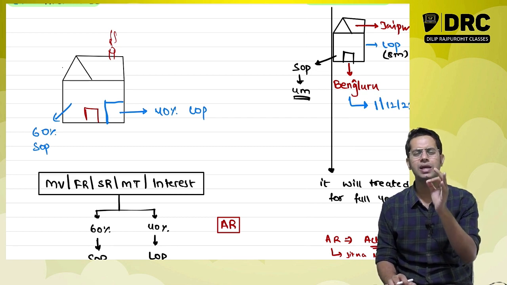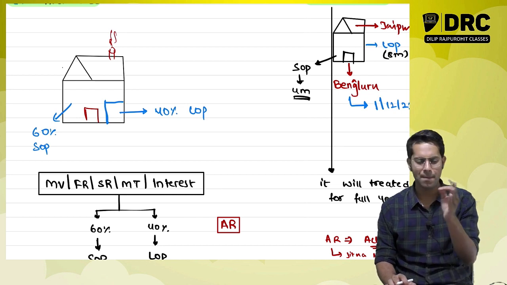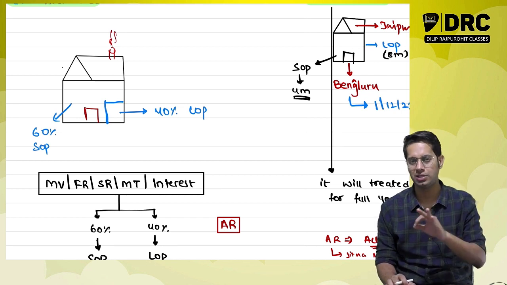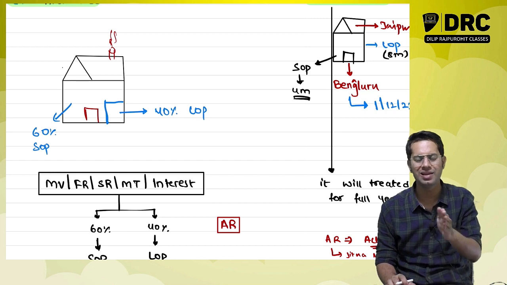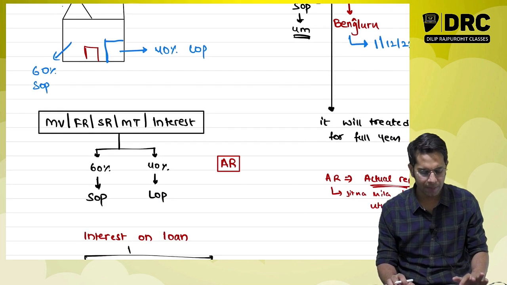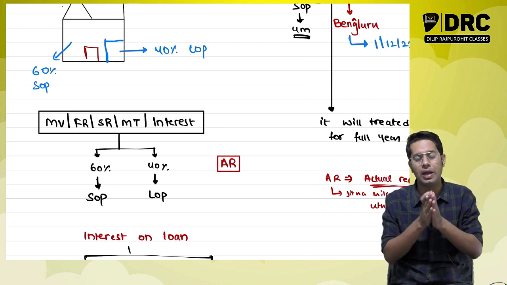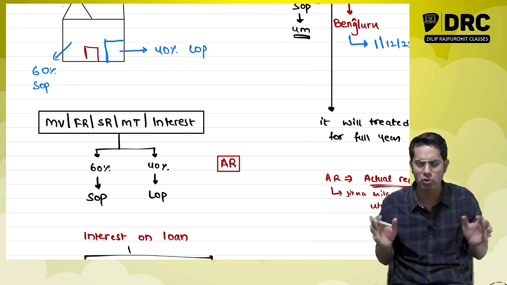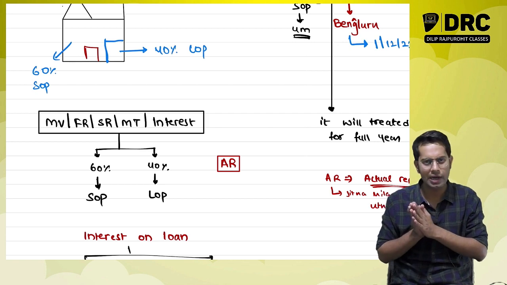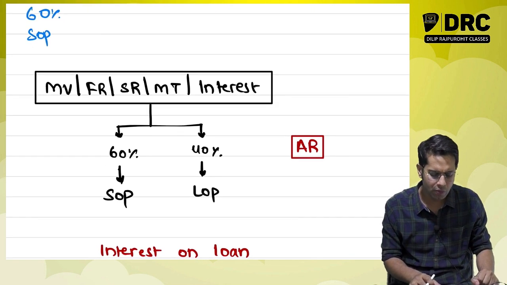When the property is partly self-occupied and partly let out area wise, you are supposed to take everything in the proportion of let out and self-occupied. Sir, what do you mean by everything?